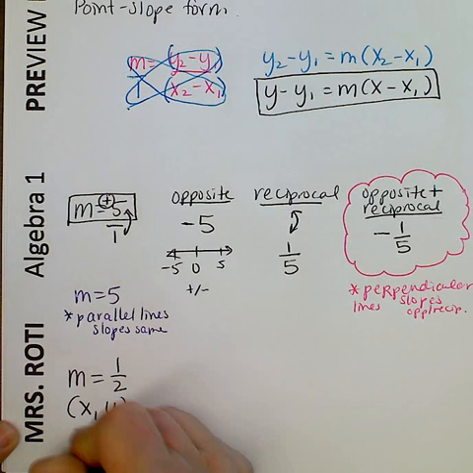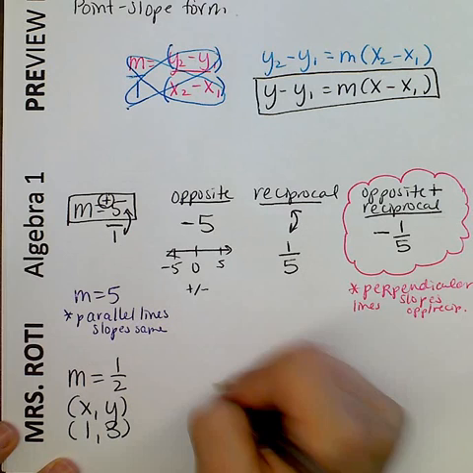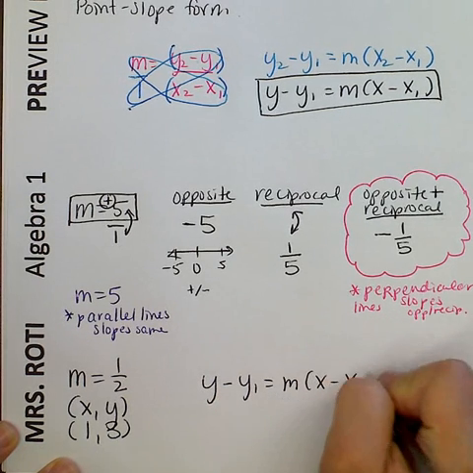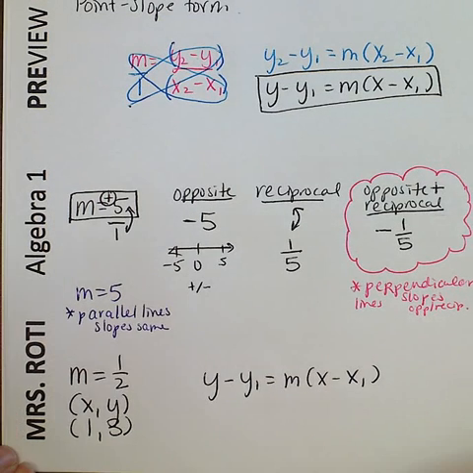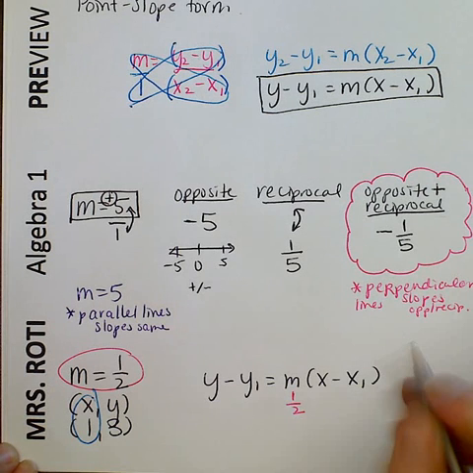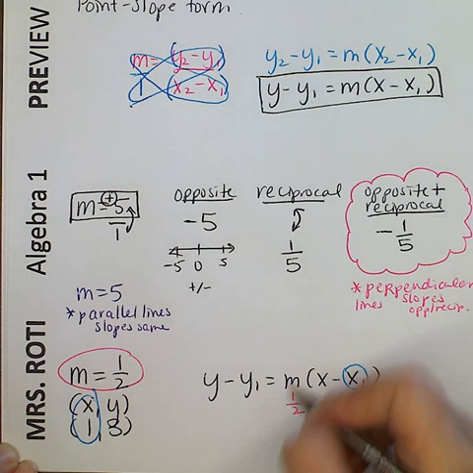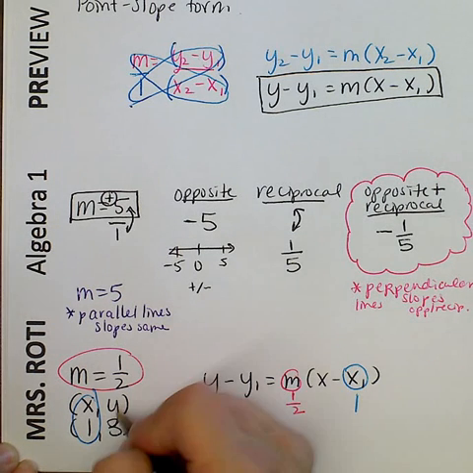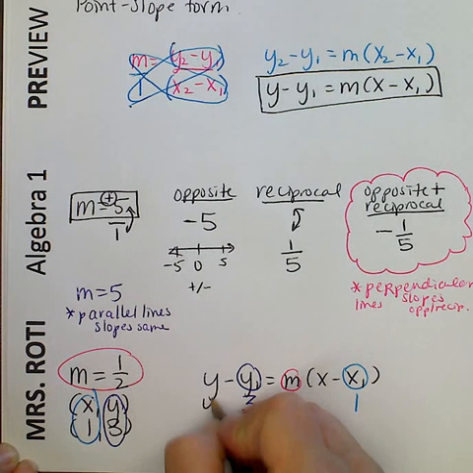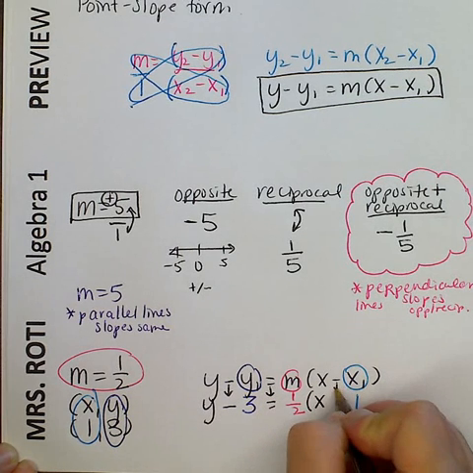So for example, (1, 3), and we're going to plug into this formula the m for m, the x for x1, and the y for y1. But watch your signs. You want to make sure you bring down the y, the minus, the equal sign, the parentheses, and everything else.